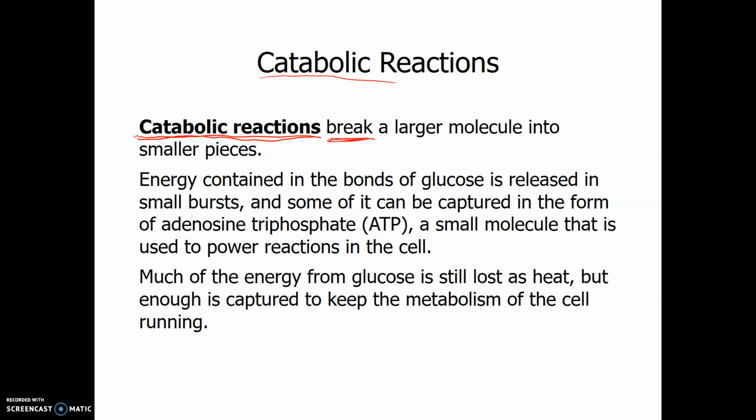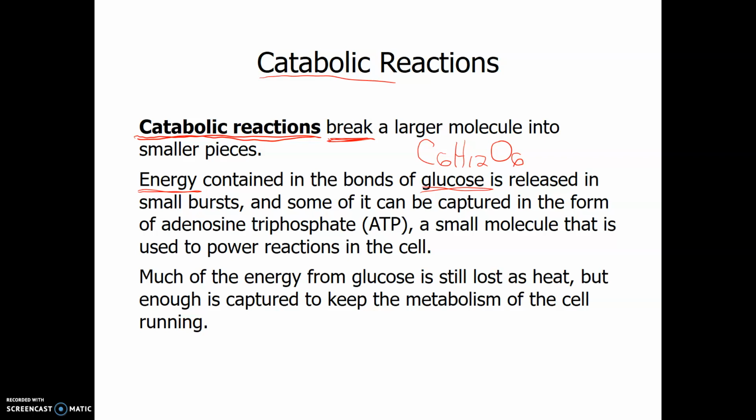So one of the examples is during cellular respiration, the energy contained in the bonds of glucose. Even though it's a simple sugar, its chemical formula is C6H12O6, so it's got a total of 24 atoms in it, and those atoms are chemically bonded together.